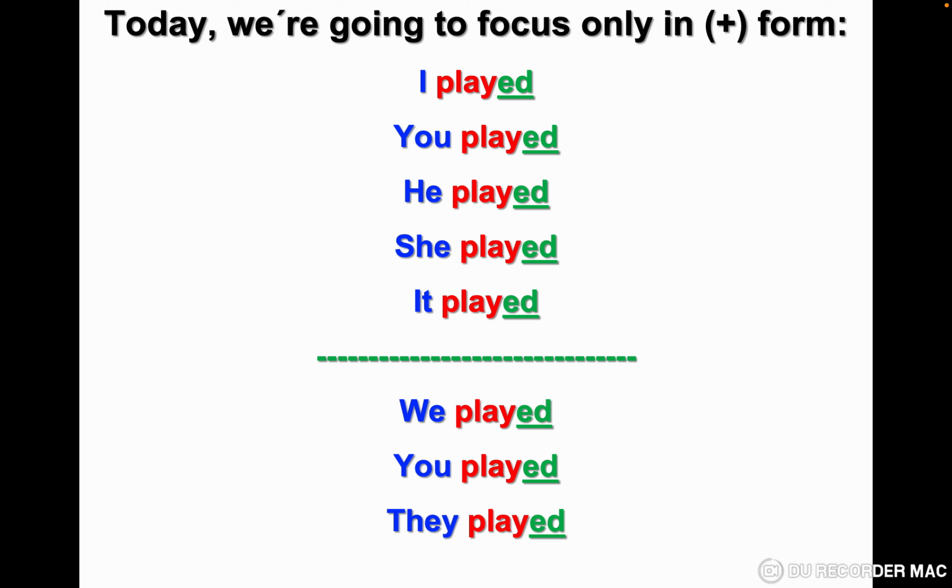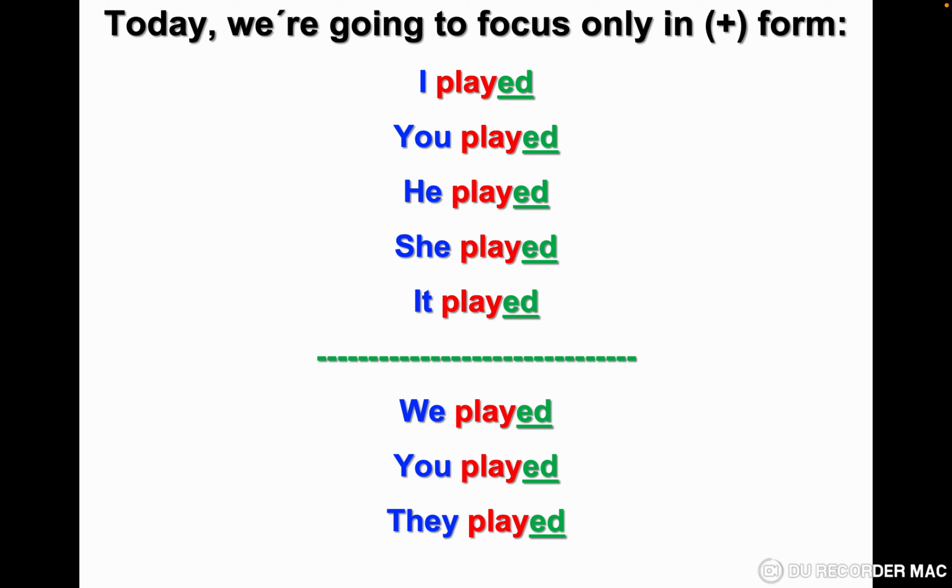What I am going to repeat for you today is what I said in the three previous lessons. That played with ed, we can use it only in the positive form. We cannot use it in the negative form, and we cannot use it in the question form. I hope you understand this point. I am going to explain it once again.